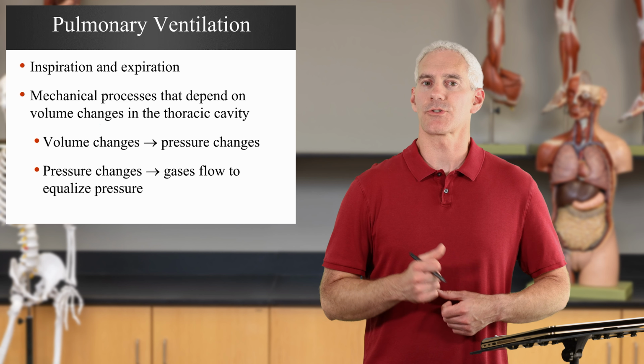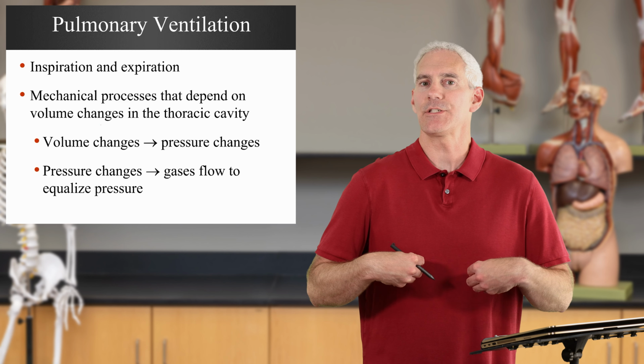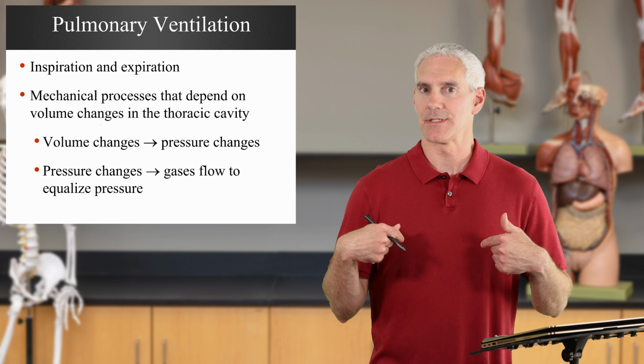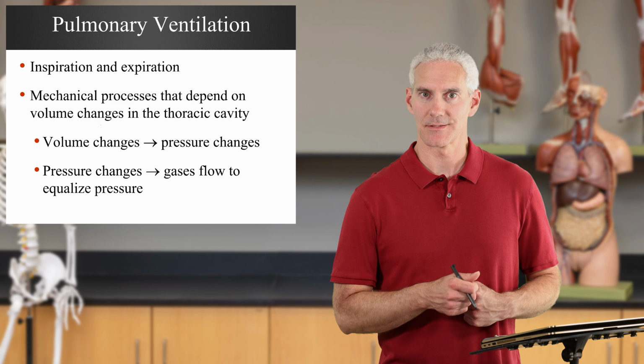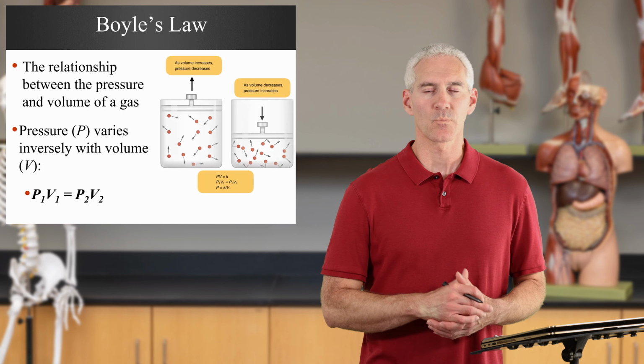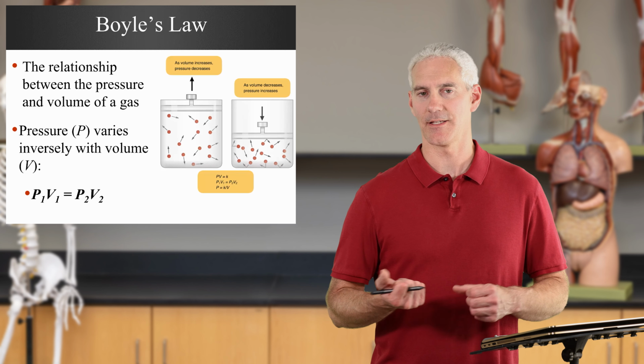The goal is to try and reach equilibrium. So as you change the internal pressure inside your lungs, the air is flowing in or out to reach the equilibrium state. And that's where Boyle's law comes in. Boyle's law is dealing with the relation of pressure and volume.